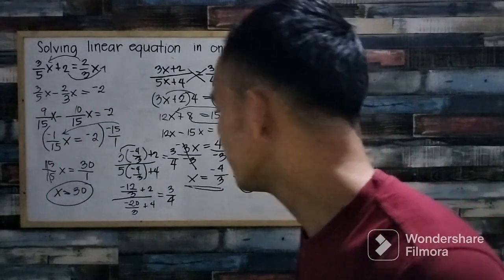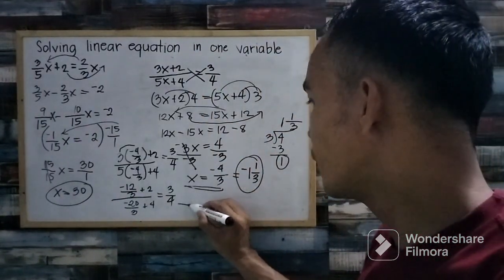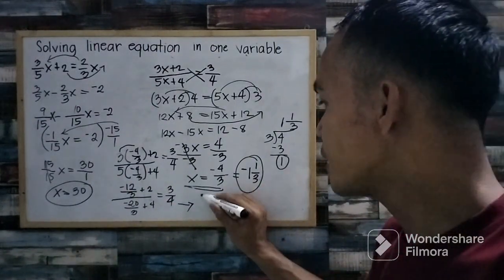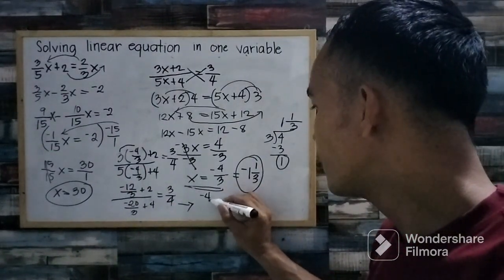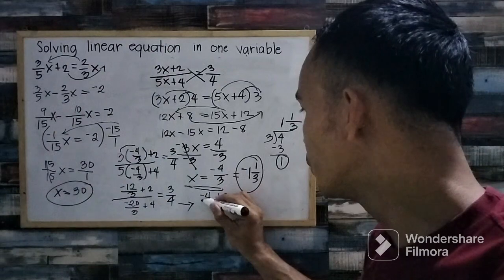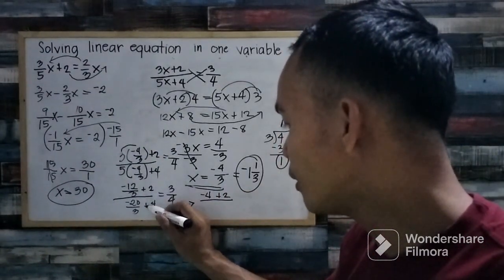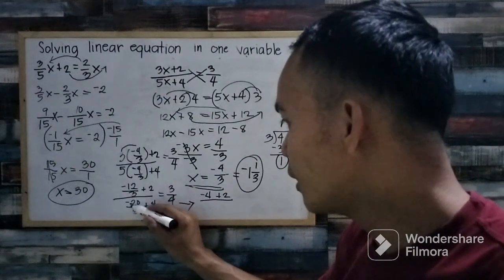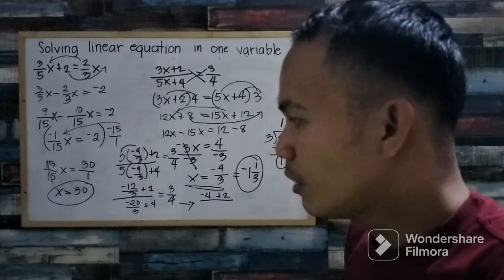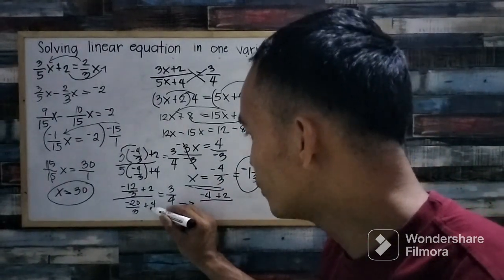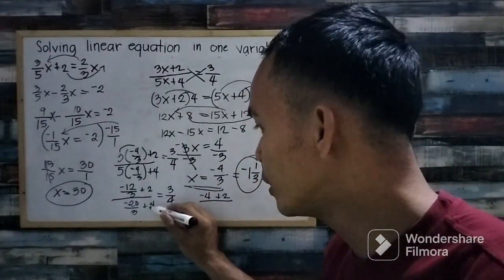Alright, so dito na lang, wala na tayong space. Alright, so negative 12 over 3, that is negative 4 plus 2 over, okay, so we have that negative 20 over 3 and plus 4. Remember that negative 20 divided by 3 is gonna be like having decimal, right? So, yung gagawin natin dito, gagawin natin fraction yung 4.